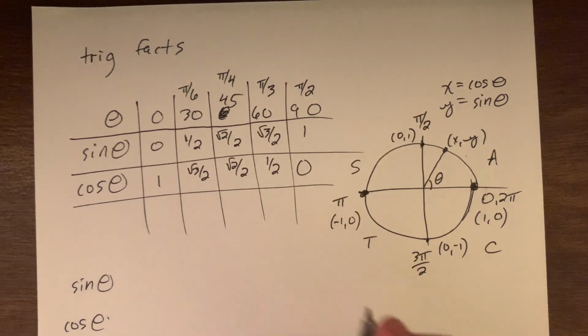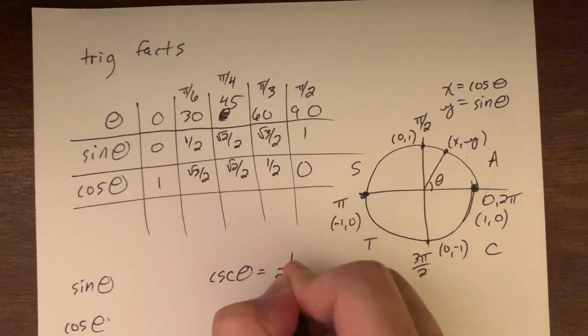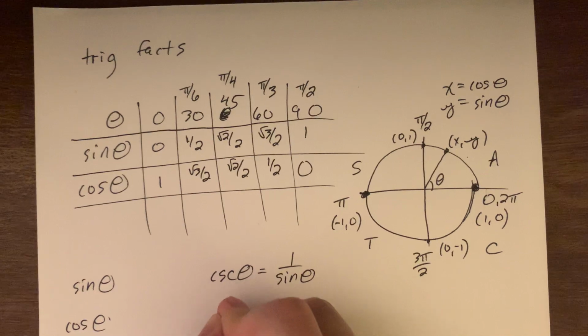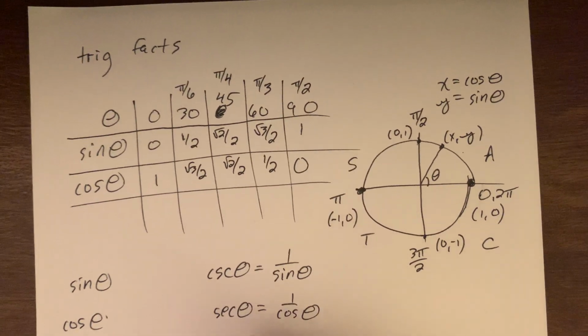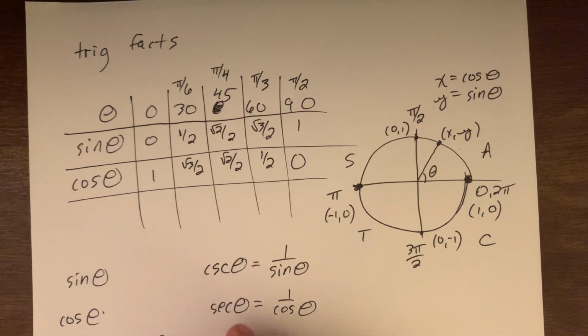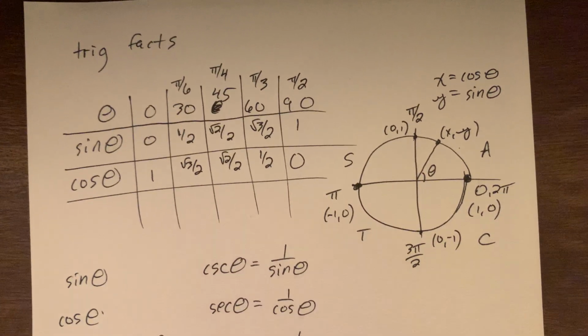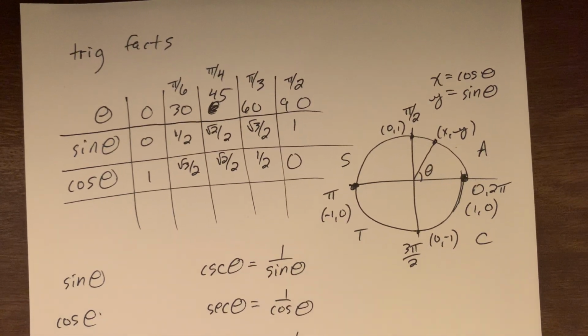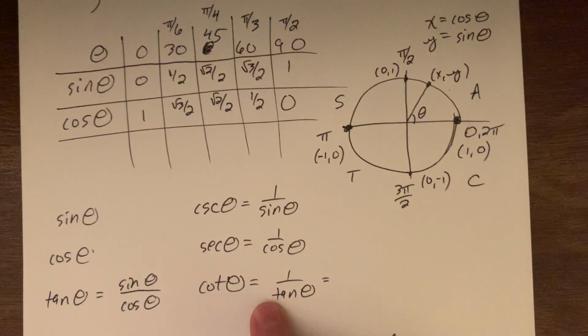Next, I'll do cosecant, and that is 1 over sine. Secant is 1 over cosine, and then cotangent is 1 over tangent. But wait a second, if tangent is sine over cosine, 1 over, sorry, let me come up here.